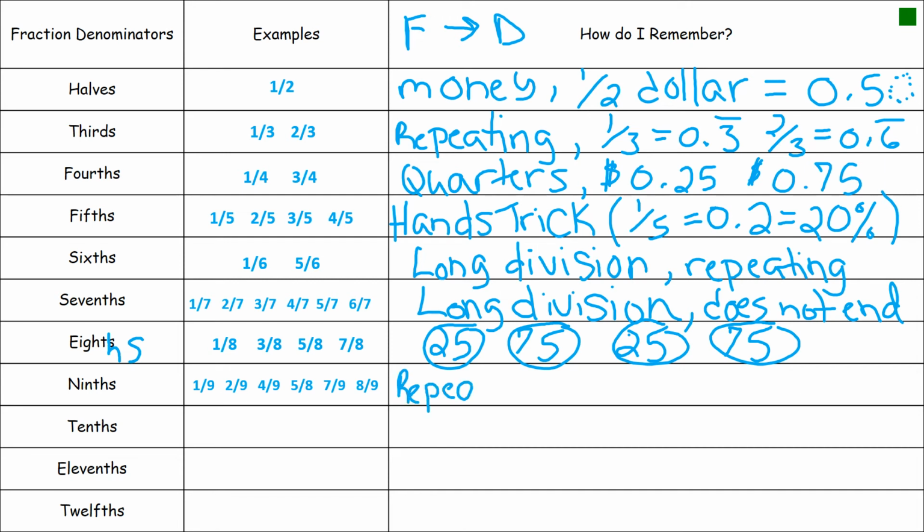But there's a great trick for this. And the trick is it's the numerator that repeats.